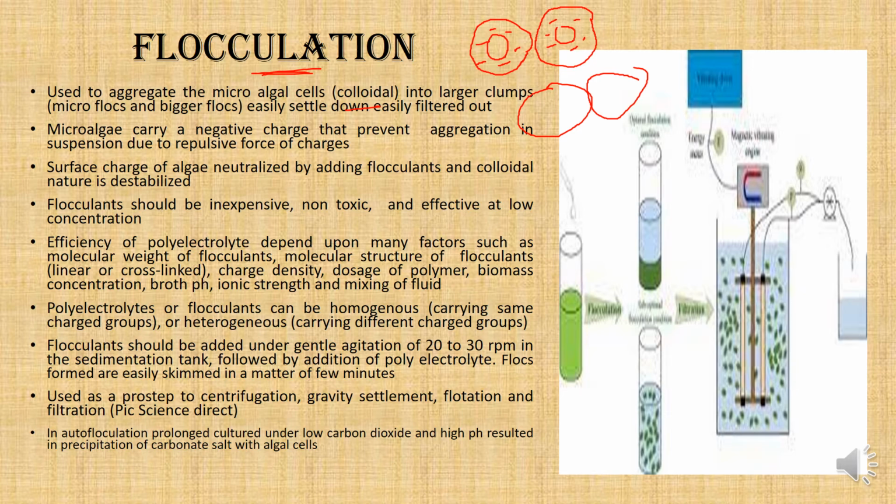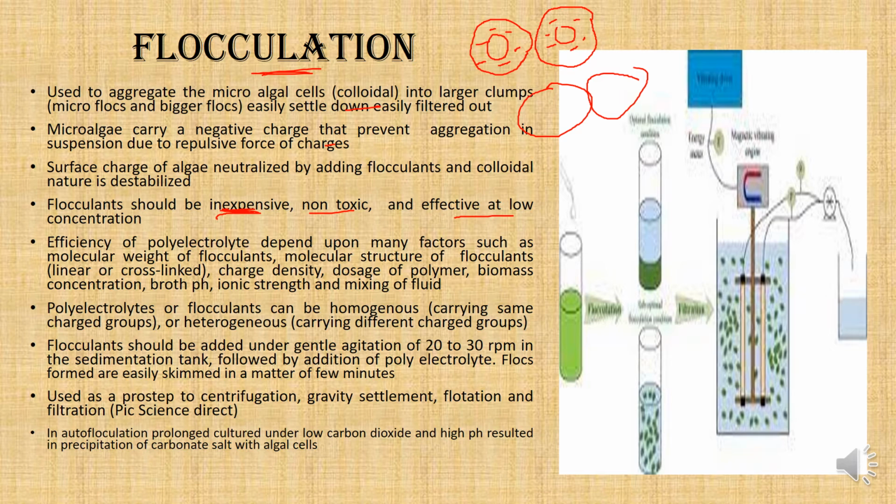So this is about flocculation, and because it is a very widely used process, we should be using a flocculant that is non-toxic, effective in low concentration, and also inexpensive.